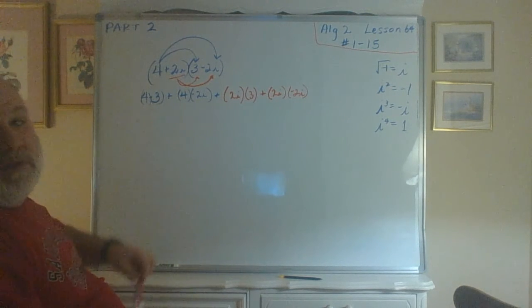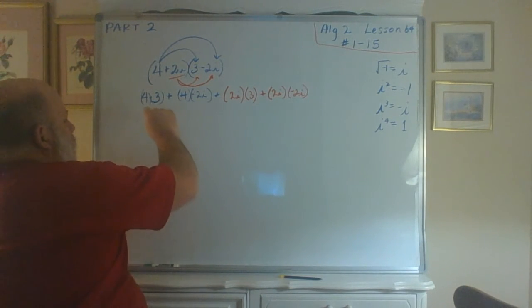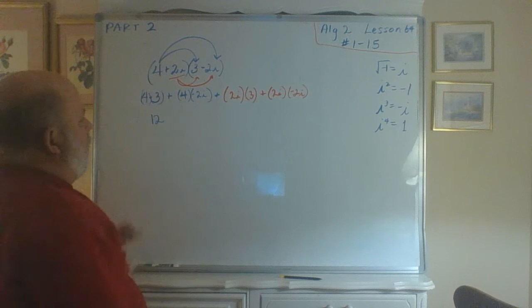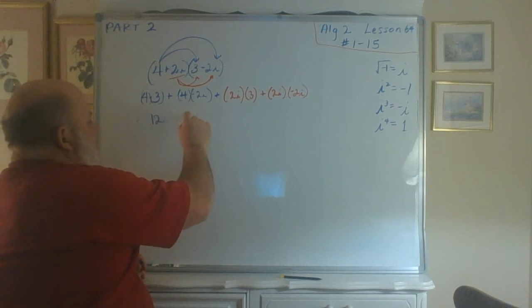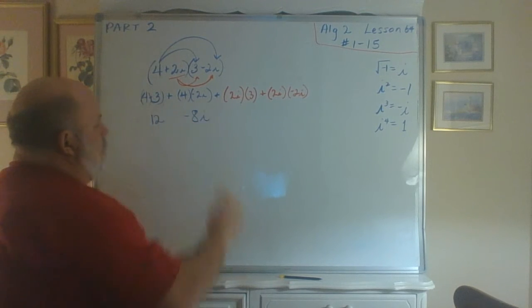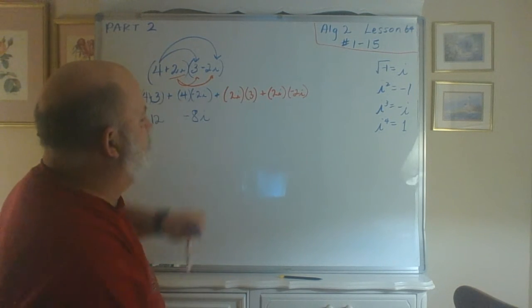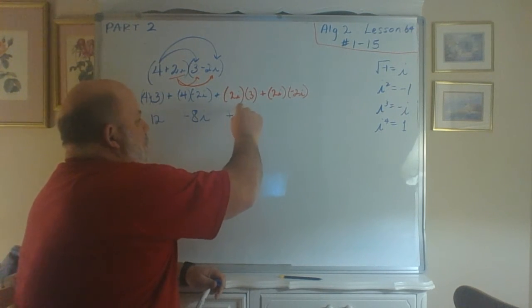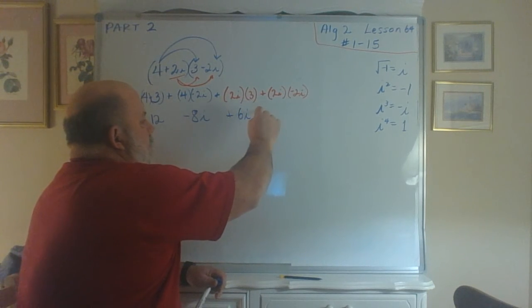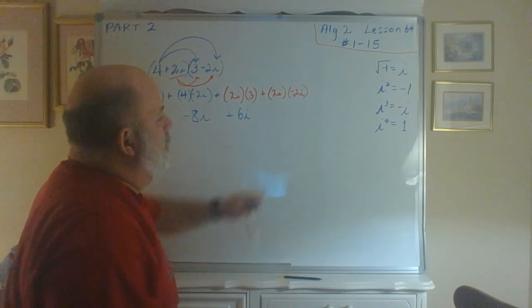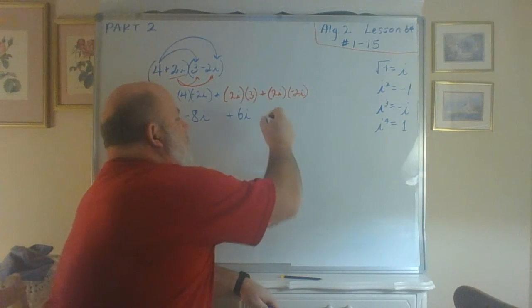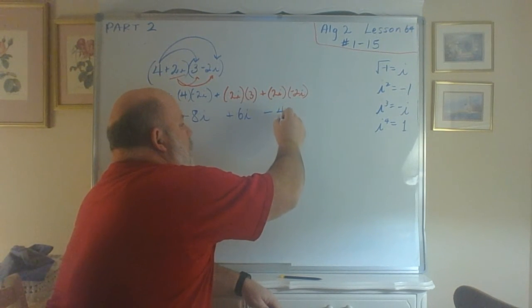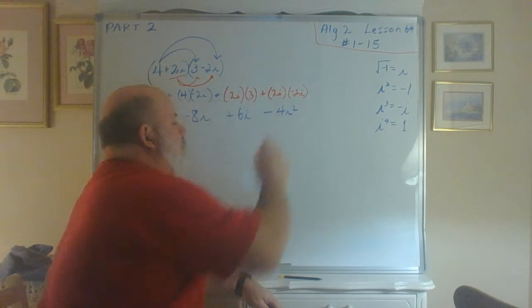Four times 3 is 12. 4 times -2i is -8i. 2i times 3 is plus 6i, and 2i times -2i gives me -4i squared.